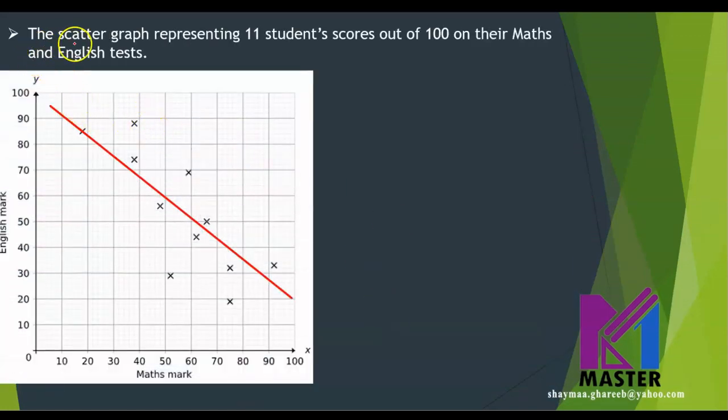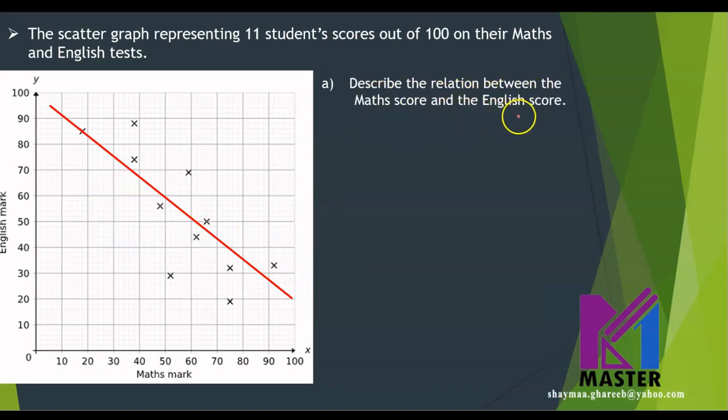One more question, the scatter graph representing 11 students' scores out of 100 on their math and English tests. So we have 11 students on this graph. Let's see question number 1. Describe the relation between the math score and the English score. What do you think?